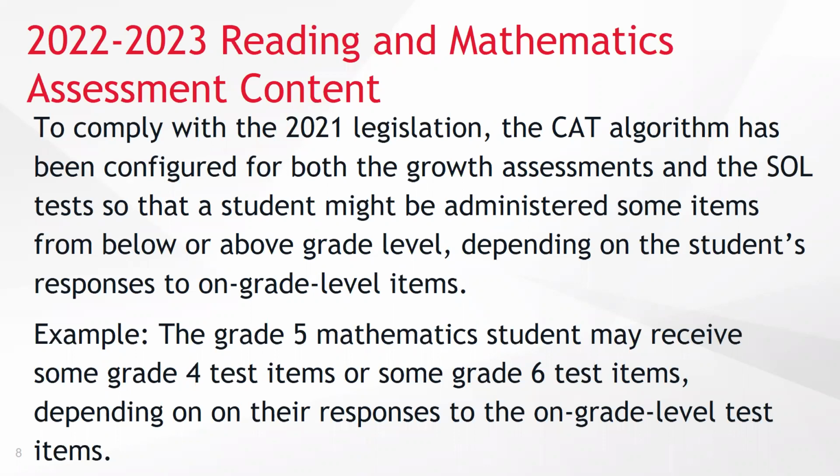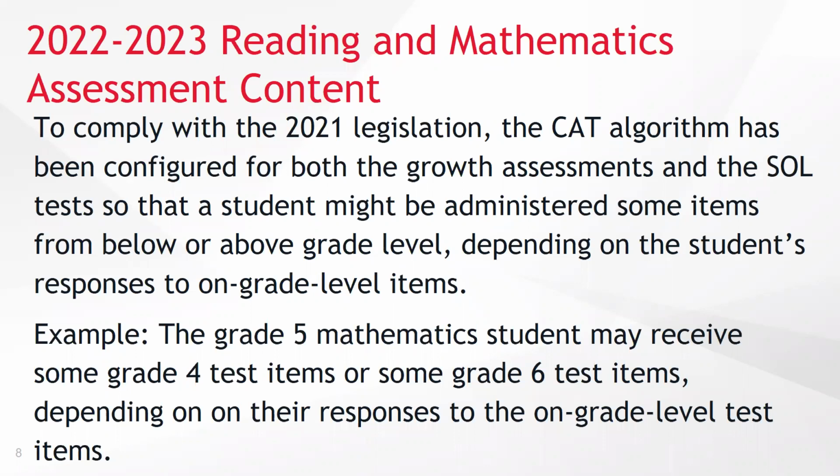Beginning in fall 2022, the test item bank and CAT algorithm have been configured so that a student might be administered some items from one grade level above or one grade level below the student's current grade level, depending on the student's responses to the on-grade level items.